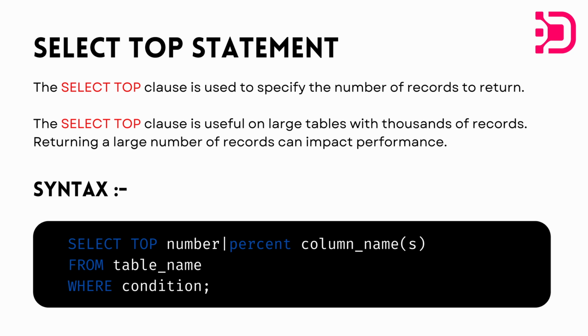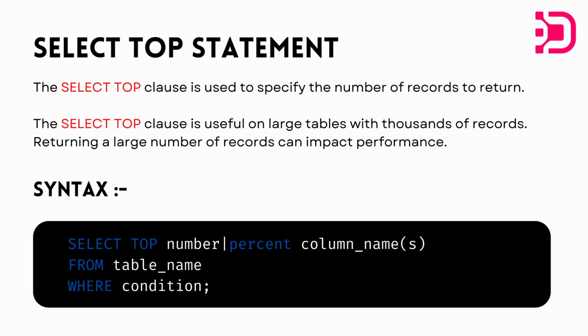So let's look at what the select top statement is and its syntax. The select top clause is used to specify the number of records to return when querying data. It's important when we have large tables with thousands, hundreds of thousands, or even millions of rows, and we want to view just a segment of the data or understand the table.